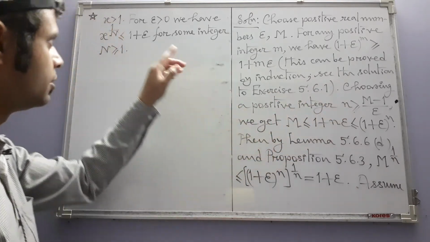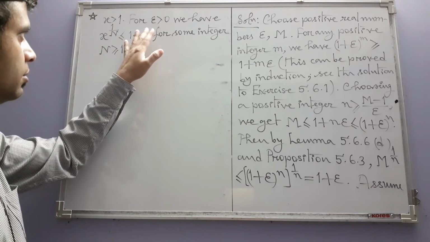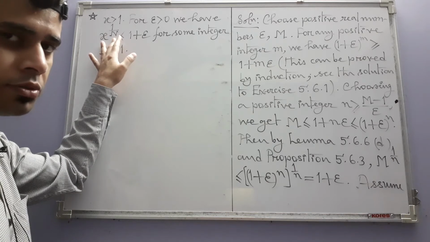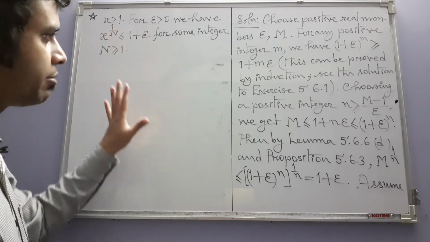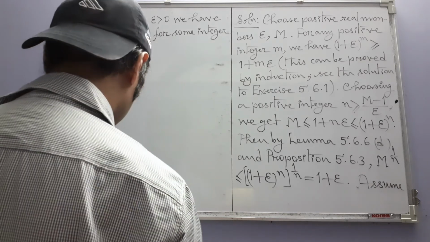So that means for our x and epsilon, we will have one such n. This is not true for every positive integer n. Some capital N is there for which this is true. Okay.